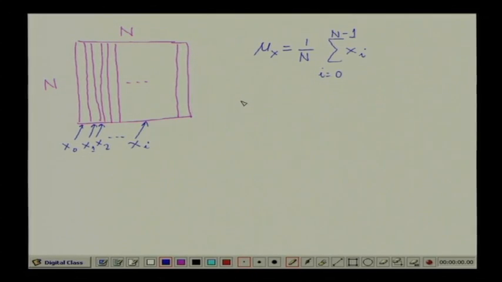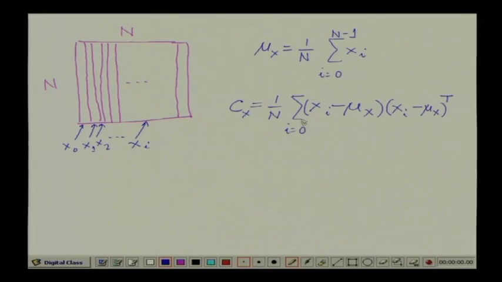And similarly, we can also find out the covariance matrix of these n vectors, and the expression for the covariance matrix, as we have already seen, is 1 upon capital N summation of x I minus mu x into x I minus mu x transpose, where I will vary from 0 to capital N minus 1.